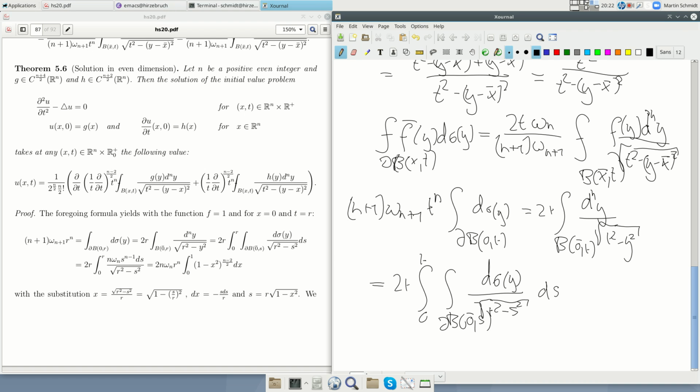Okay, now since this integral depends only on s and not on y, we may perform this integral.